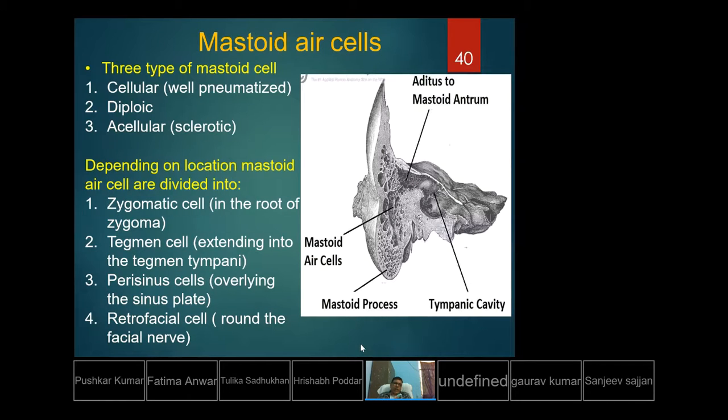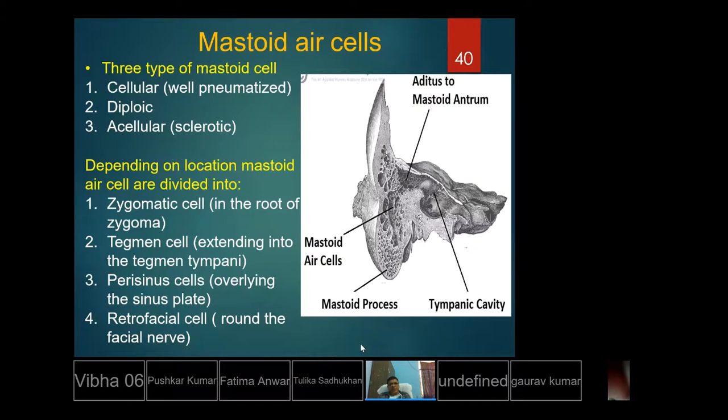In acellular or sclerotic mastoid, the sigmoid sinus is sometimes anteriorly placed or positioned. So there are difficulties during mastoid exploration, during mastoid surgery.